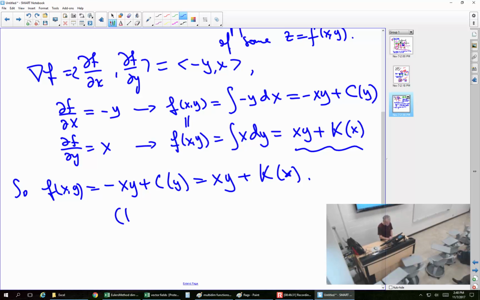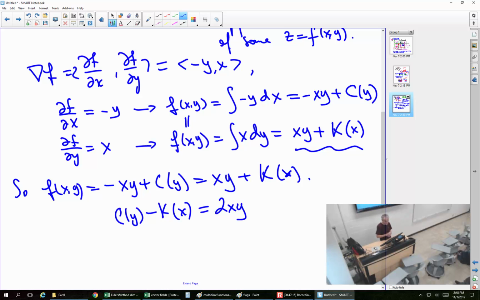Well, let me move stuff around. c of y minus k of x is equal to twice xy. Any thoughts, any observations? It is one equation with two unknown functions, two variables. It certainly doesn't seem familiar, and you didn't have to deal with that elsewhere.